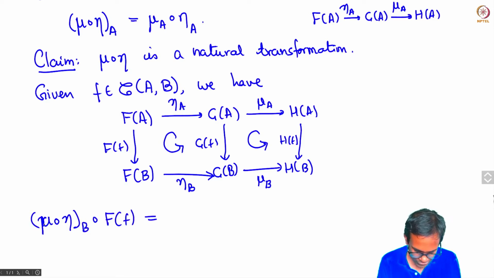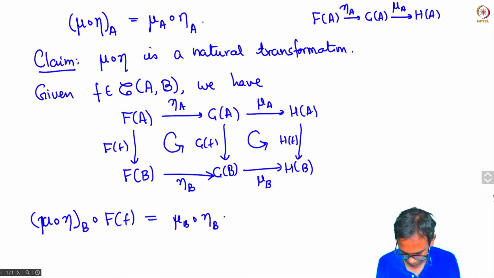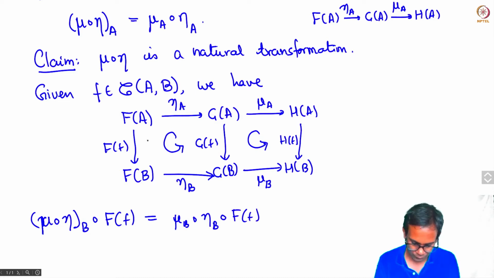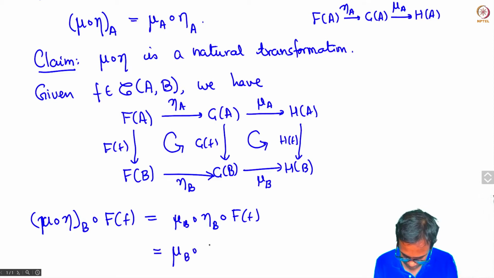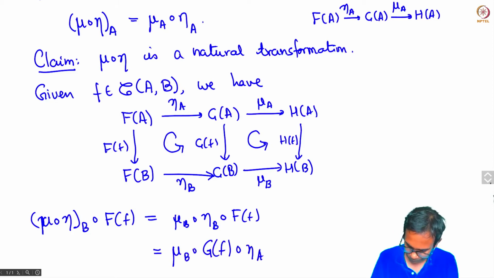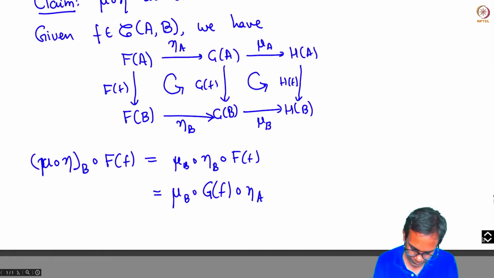So by definition mu circle eta B is mu B circle eta B circle F f, but eta B circle F f is equal to G f circle eta A. You can go this way or you can go this way in the square on the left. So this is mu B circle G f circle eta A. And now you can use the fact that the square on the right commutes.